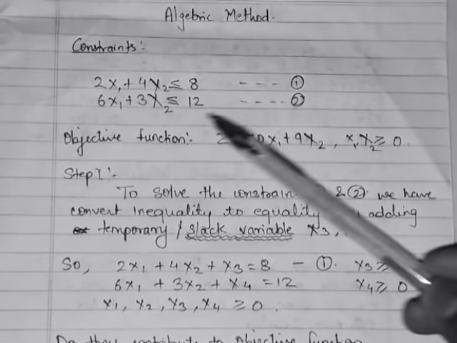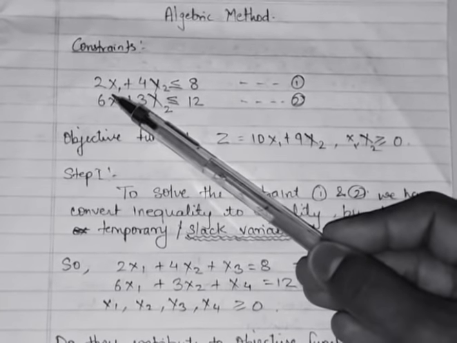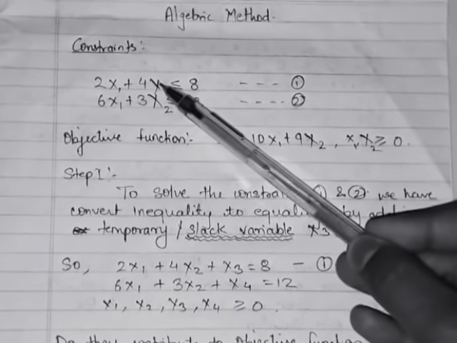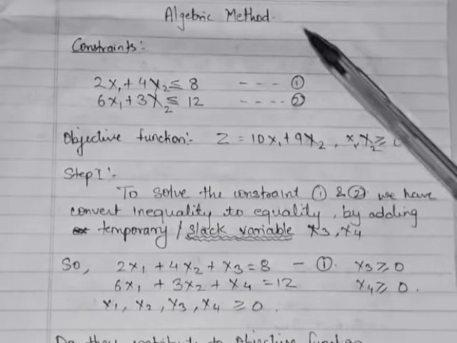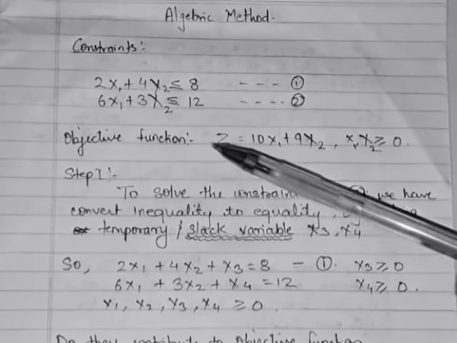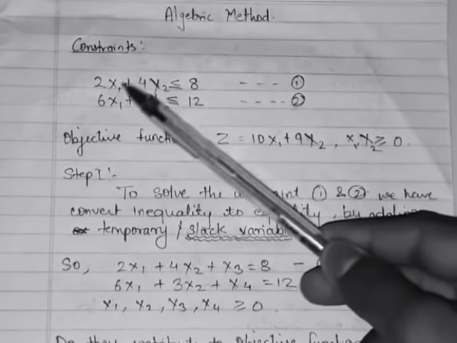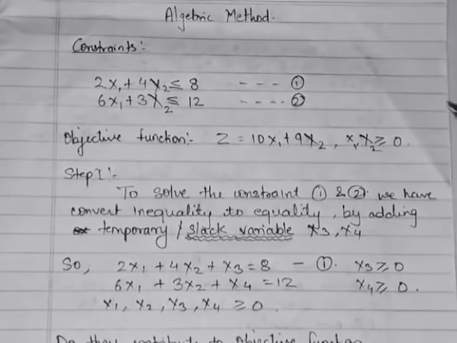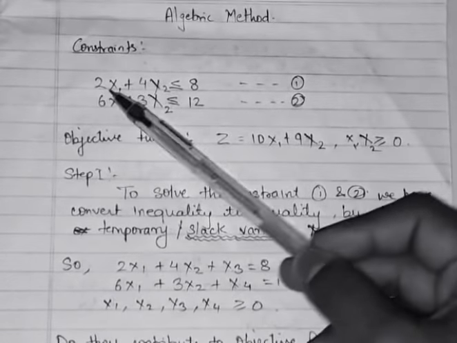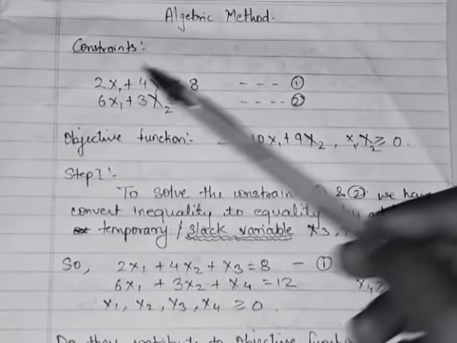The only difference in the algebraic method is that, rather than using variables x and y, I have used x1 and x2, because there are 4 variables and x, y, z, a, b, c, d will become difficult, so I have used x1, x2, x3, x4. Similarly, in the objective function, x1, x2.